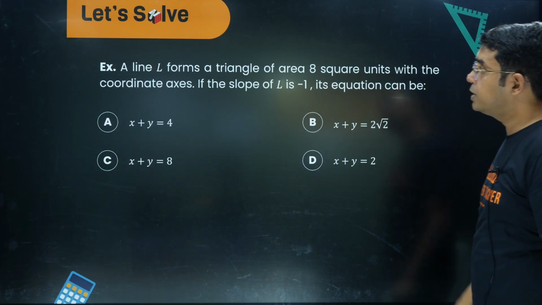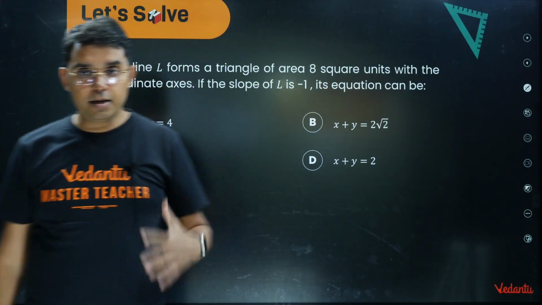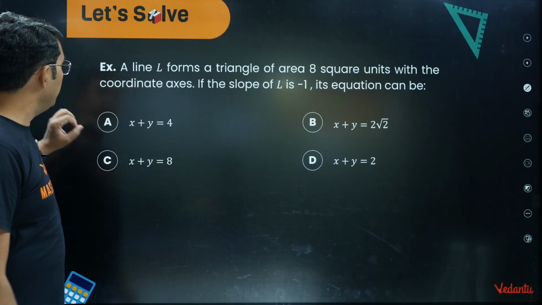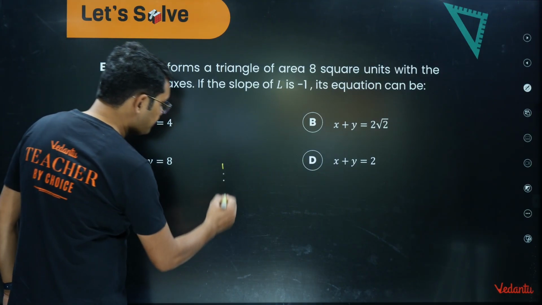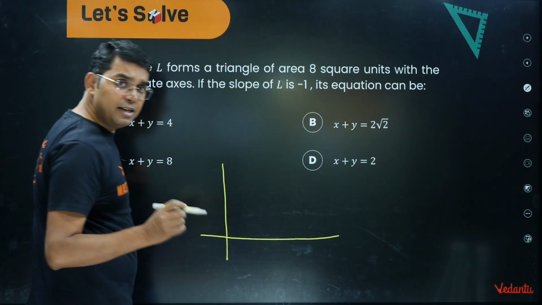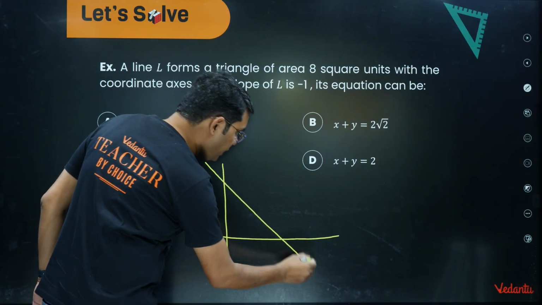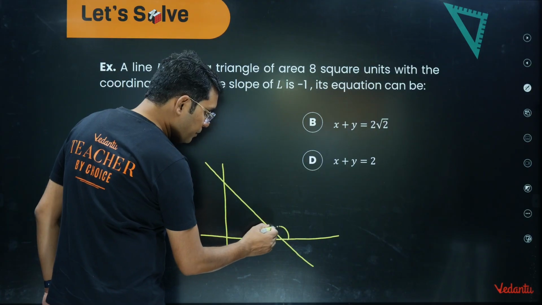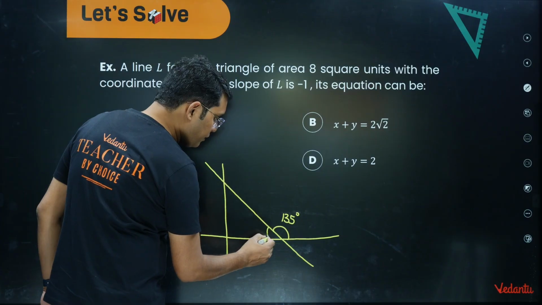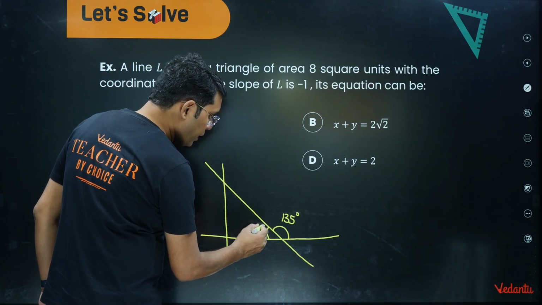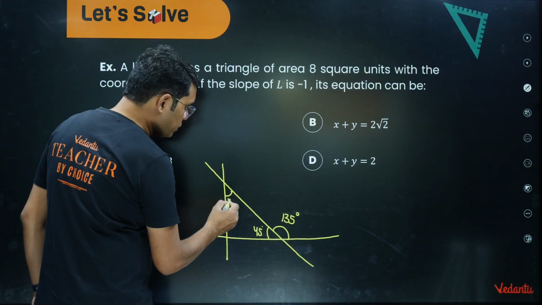Now coming to this question: a line L forms a triangle of area 8 square units with the coordinate axes and its slope is -1. So dear students, if a line has slope equal to -1, that means its angle with the positive x-axis will be 135 degrees, and from this it will be 45 degrees. In fact, this is 45 and this is also 45.